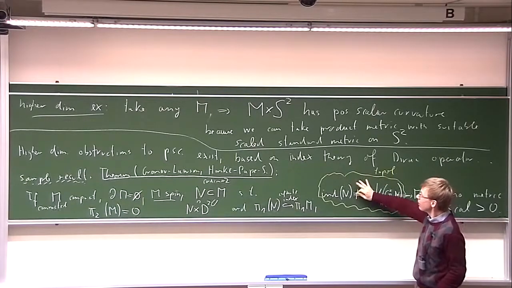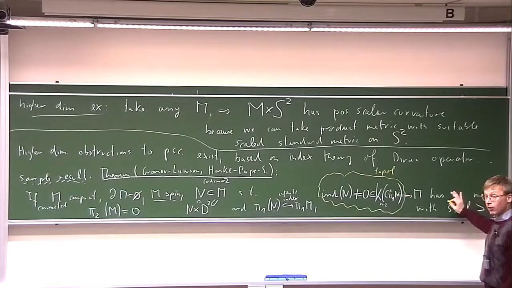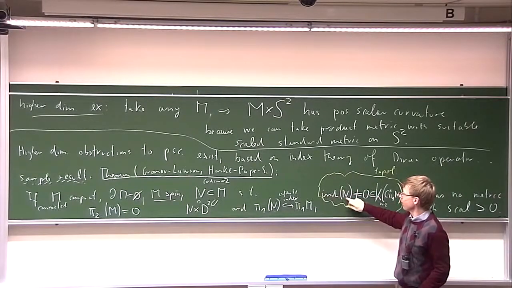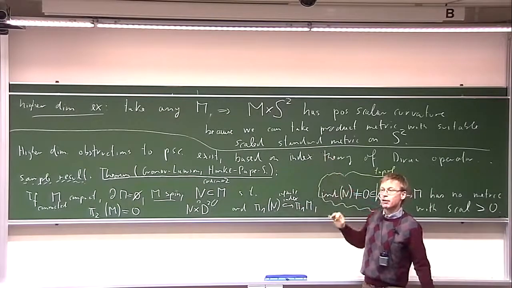I'm discussing a special case of that in just a second, but purely topologically it implies that we have no metric of positive scalar curvature on our manifold, the ambient one we started with. We also won't have, by this condition, a metric of positive scalar curvature on N, but the interesting case here is that it also goes up to the bigger manifold M.